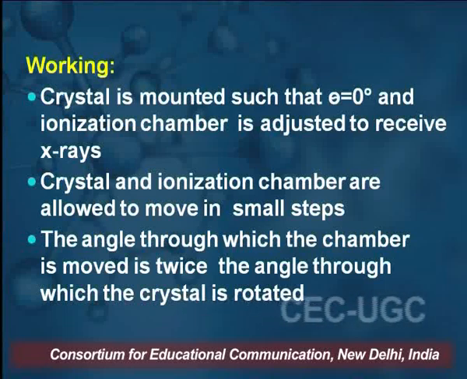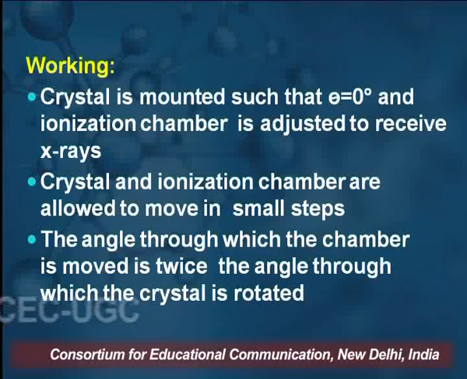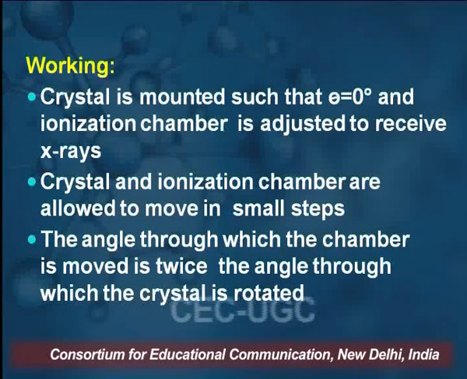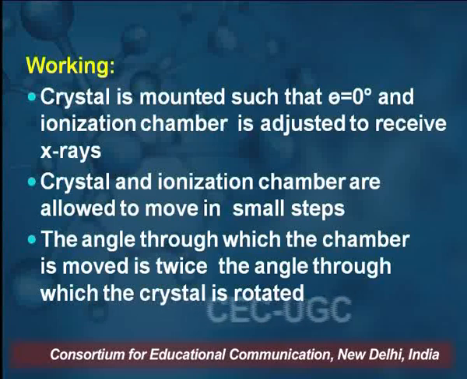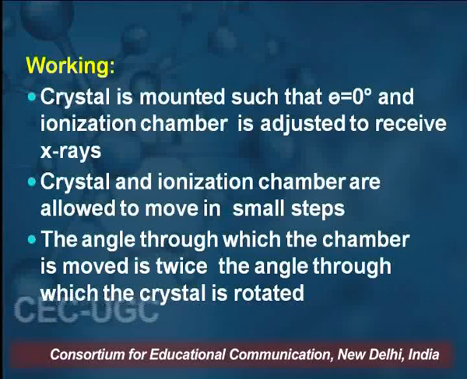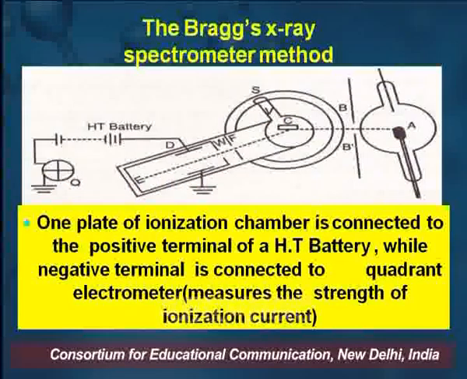The crystal and the ionization chamber are allowed to move in small steps, so that the X-ray can be adjusted on the crystal. The angle through which the chamber is moved is twice the angle through which the crystal is rotating. Here this C is rotating at angle theta, but the chamber is rotating at 2 theta.